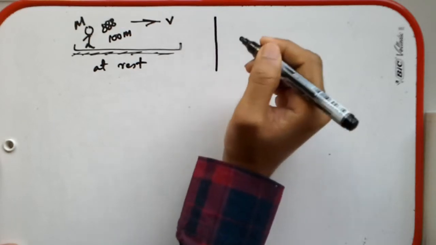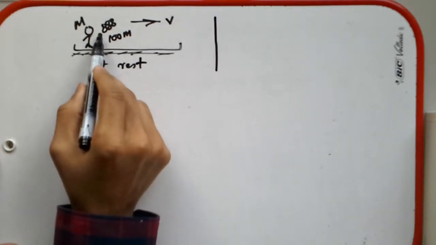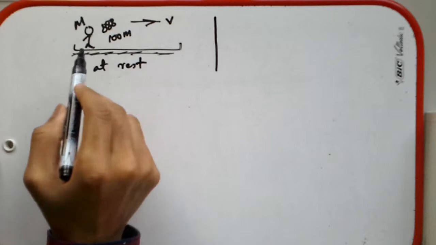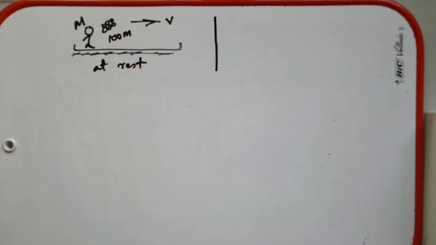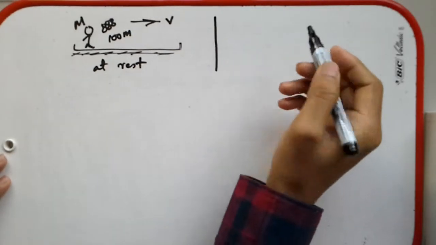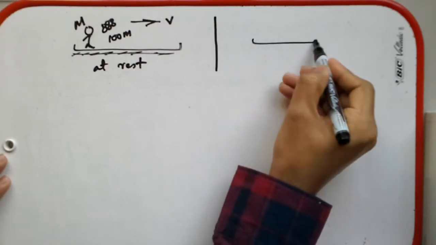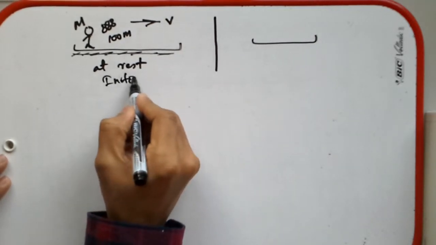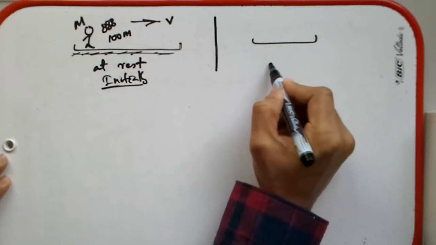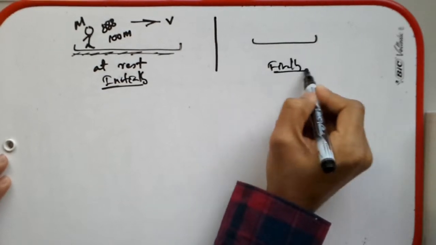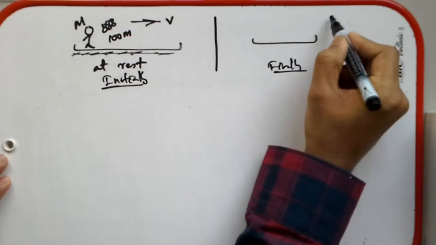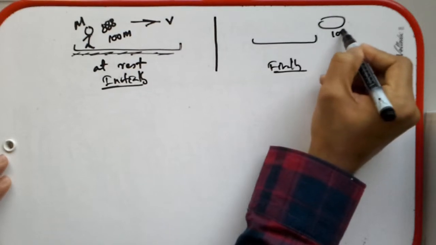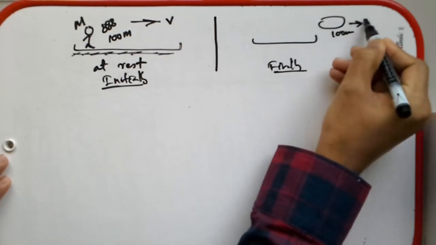The question is, if he throws all the marbles at once in the same direction, what is his recoil speed? So this is initially. Finally, he is throwing all the 100 marbles with a velocity v.